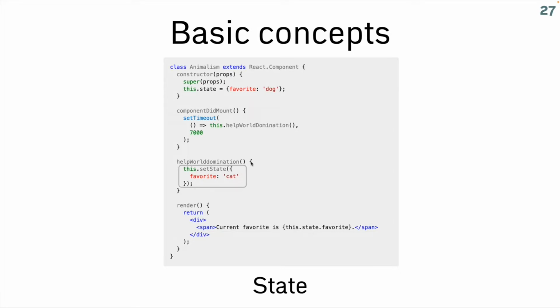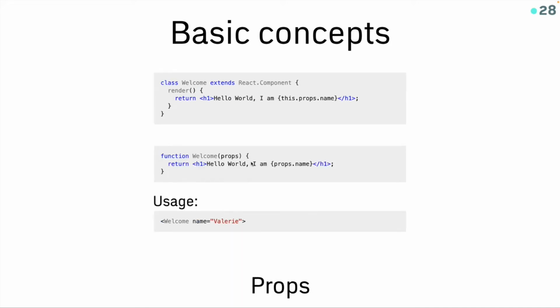If you're wondering how it works with the other components, function components, we will see that later in a specific hook. Then another basic concept are the props, which is basically external data for components that are coming from the parent, and usually they just are read. There are some rare cases where you can also change them, but that's the basic idea, that they just use them for rendering.